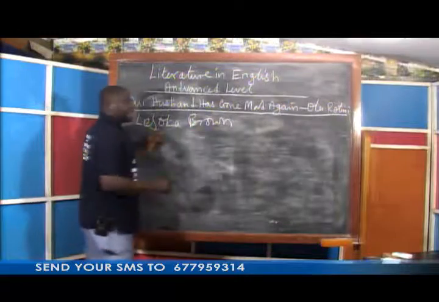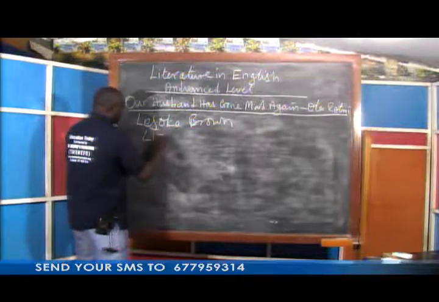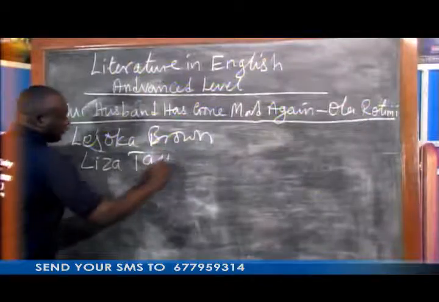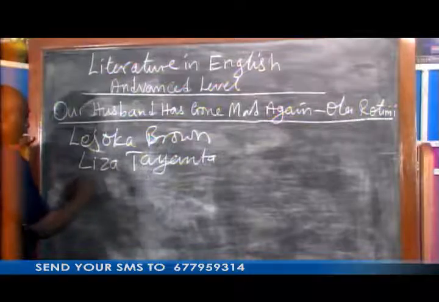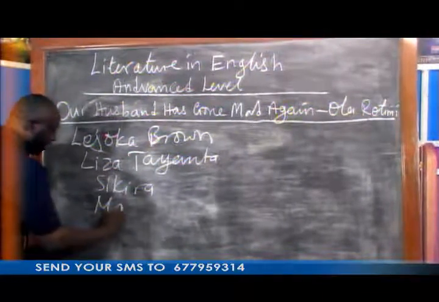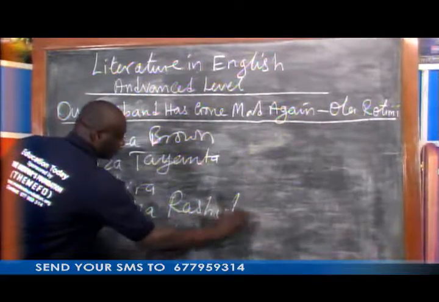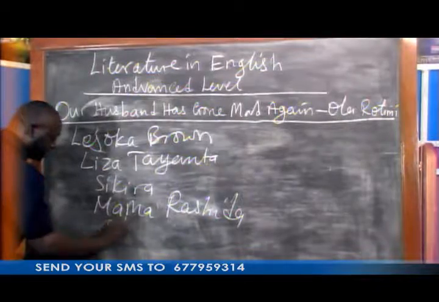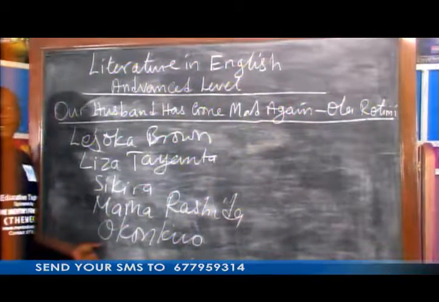So we shall capitalize on Lejoka Brown, and then we'll have names like Liza Tayanta, which is of immense importance. After Liza Tayanta, we are going to have Sikira, then we have Mama Rashida. Also of immense importance is the role that Okonkwo is going to play here.